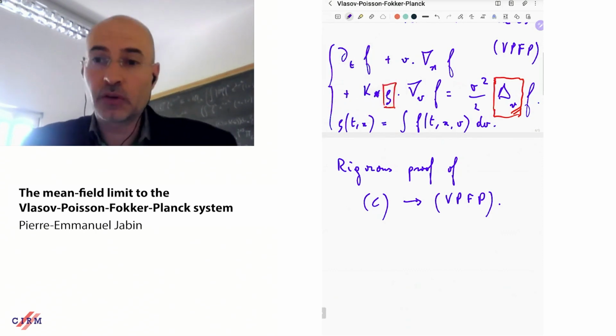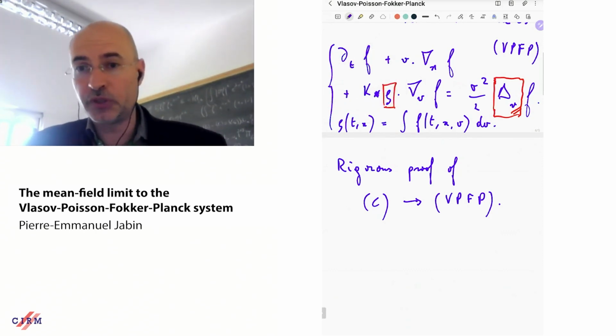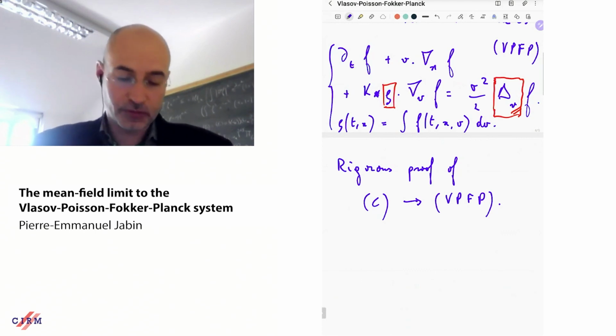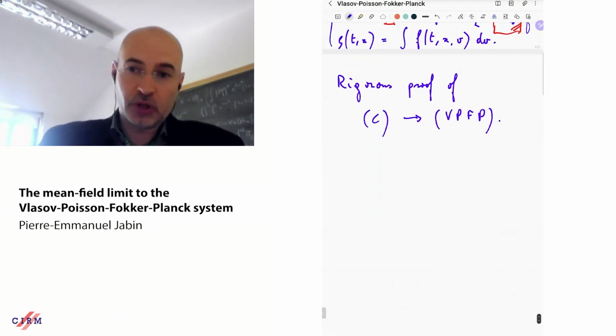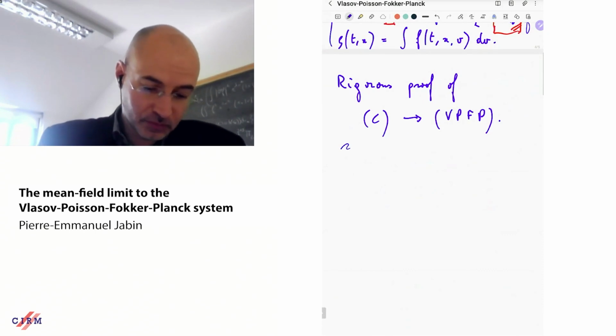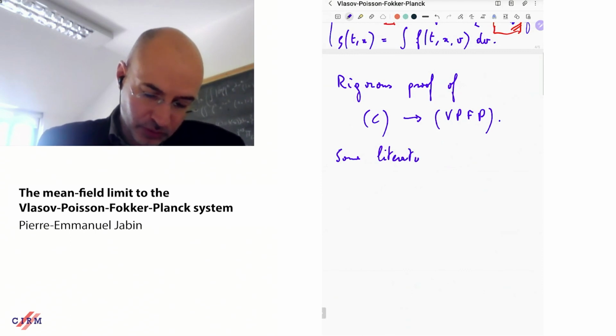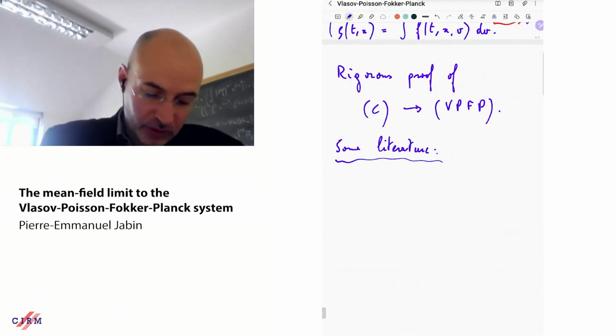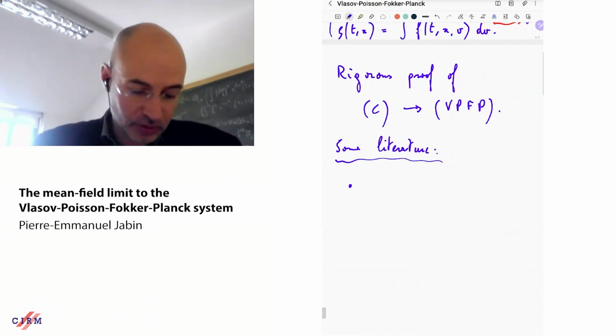All right, so the question of the mean field limit, whether at the deterministic level or at the stochastic level, has been extensively studied ever since Vlasov. And so what do we know how to do? Some literature; I'm not going to cite everyone here, this would take a very long time. There have been a lot of great contributions, so I'm just going to highlight a few of them, the ones that I think are the most relevant for what I'm going to present later.